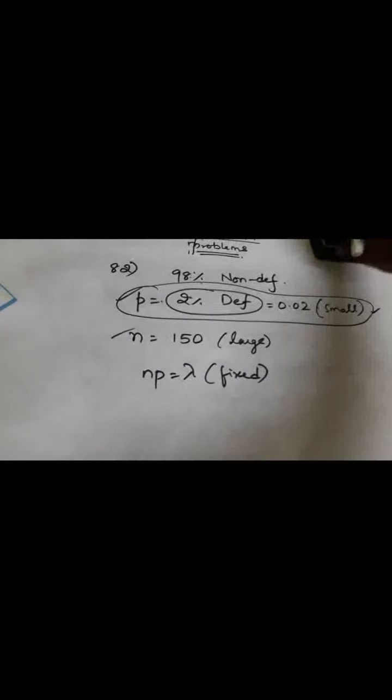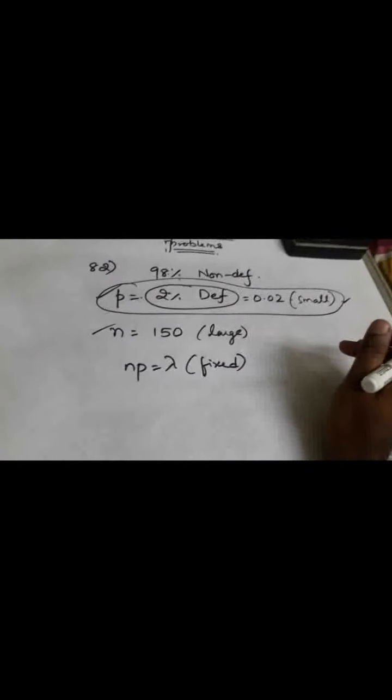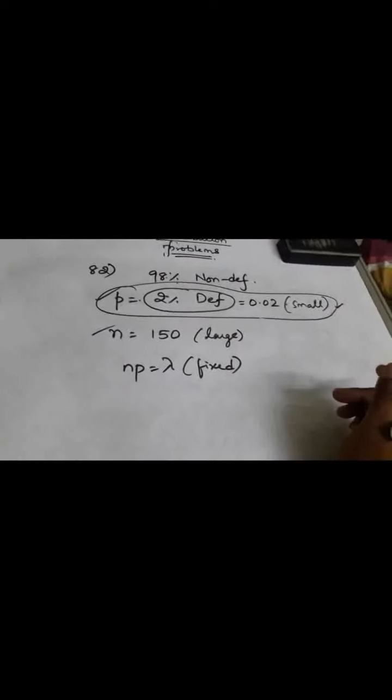That is a note: if p, the probability of success, becomes very small, then it can be converted to a Poisson just by seeing small p. But obviously when p is small, they will be giving n as large.